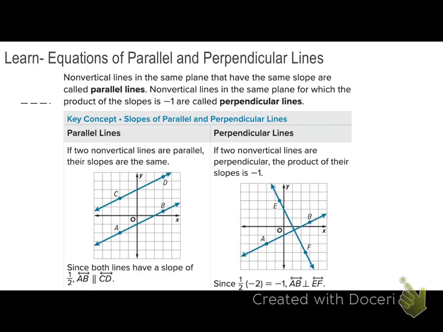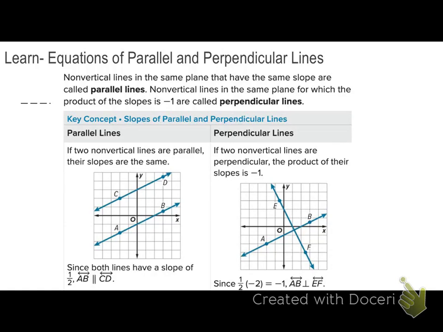So, non-vertical lines in the same plane that have the same slope are called parallel lines. You need to write that down. You need to know that parallel lines have the same slope. Everyone good with that?